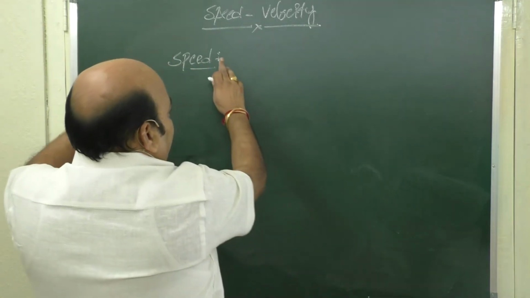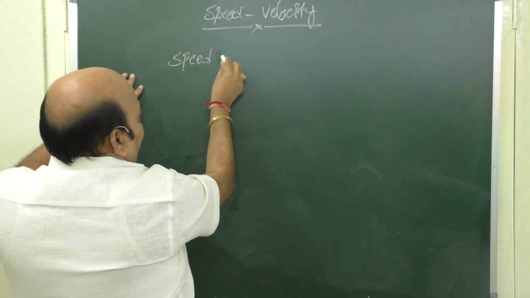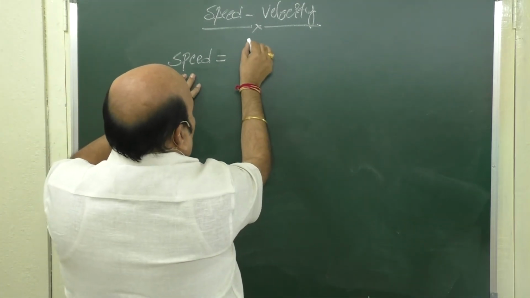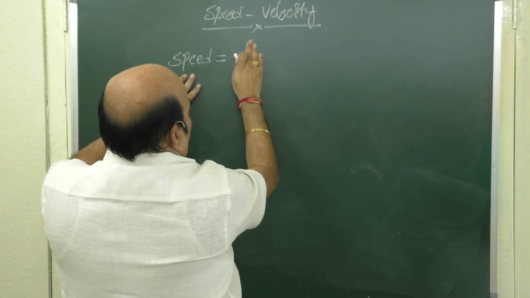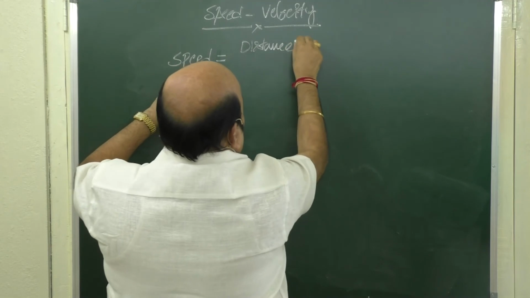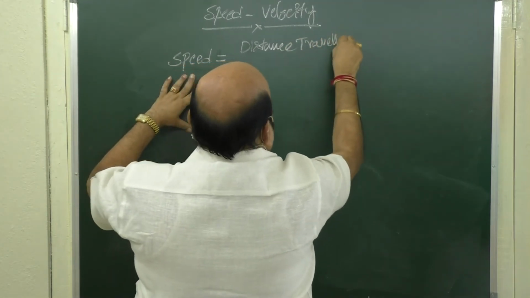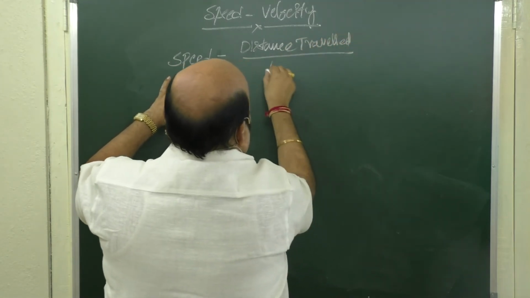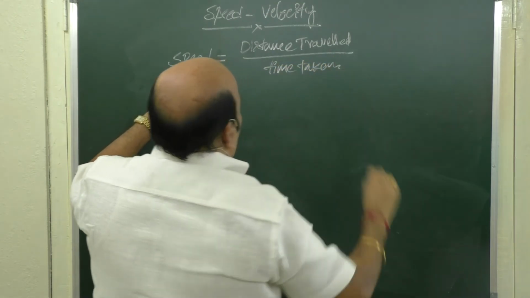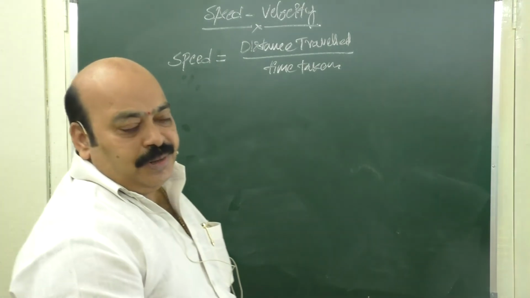So, we can write this in mathematical form like this: speed is equal to distance travelled by time taken. This is defined as speed.